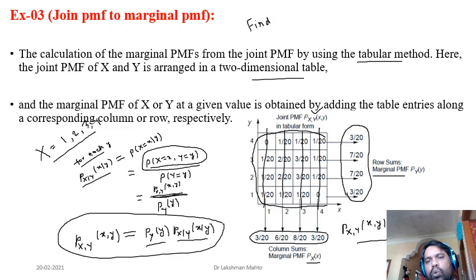So here there would be two conditional PMFs. Find the conditional PMF of x given y and the conditional PMF of y given x.